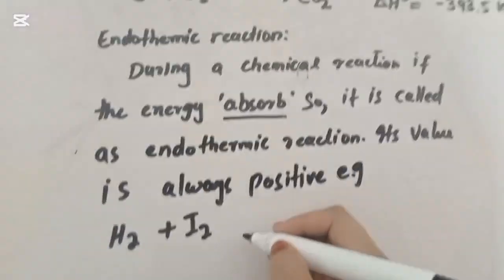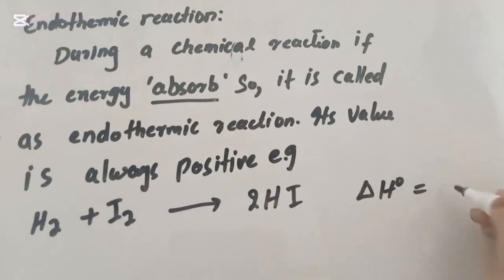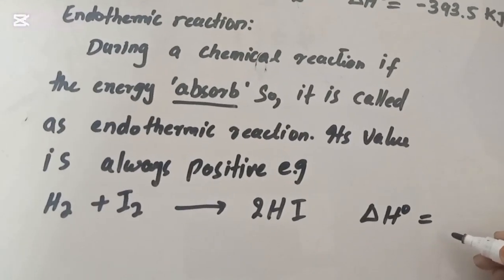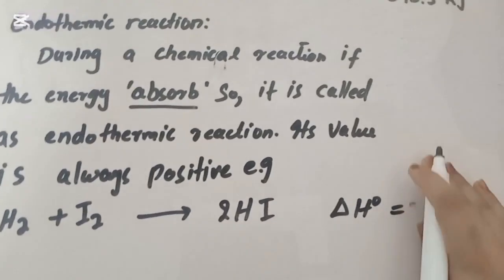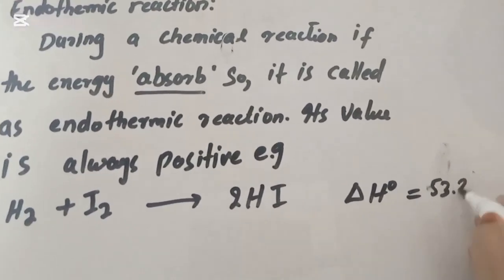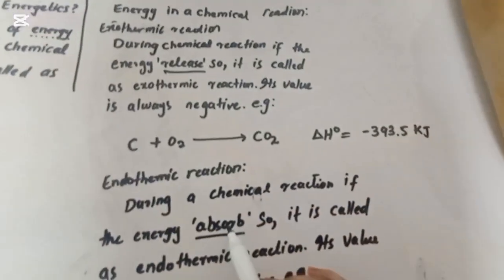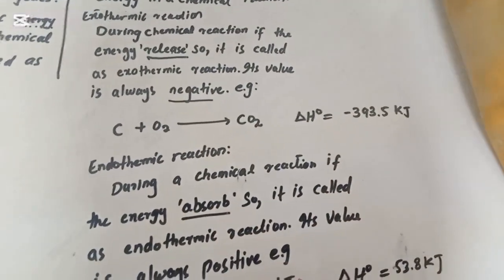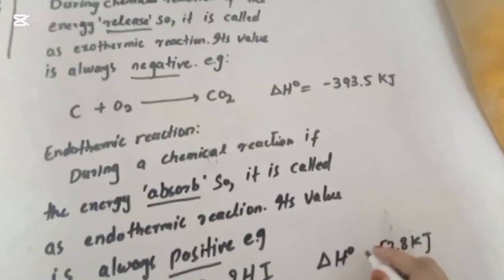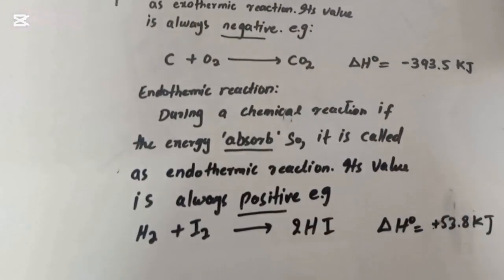For example, if hydrogen and iodine combine to form hydrogen iodide, 2HI, the change in heat energy will be 53.8 kilojoules. The sign is positive. In the case of releasing it is negative, and in the case of absorbing it is positive.